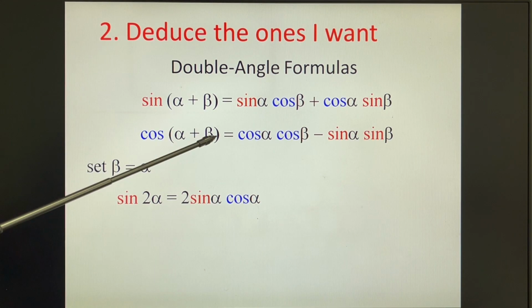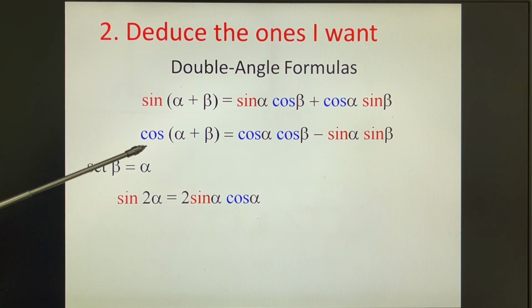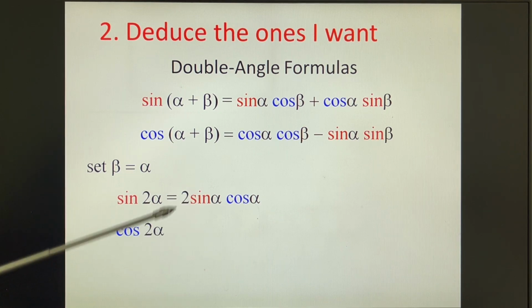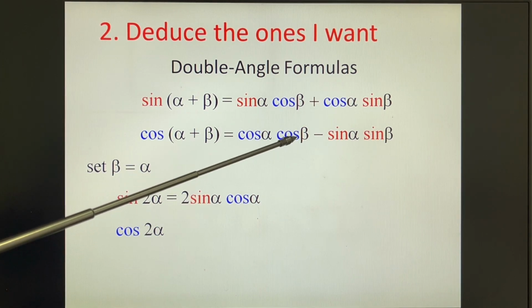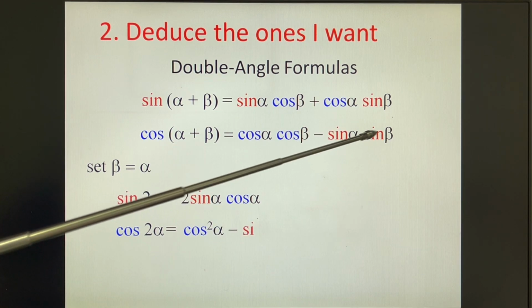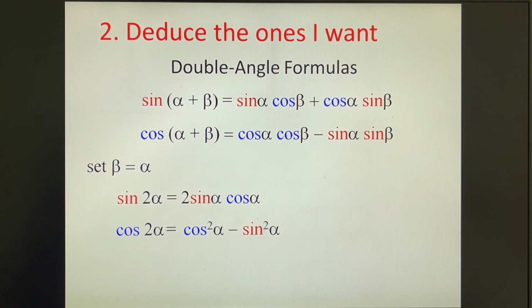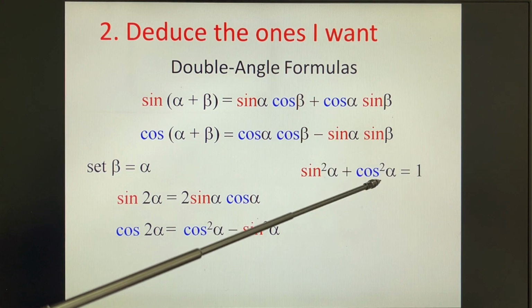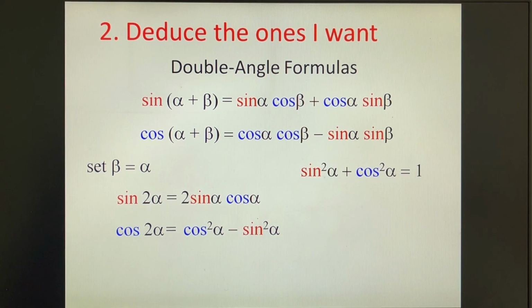Cosine of alpha plus beta, we set beta equal to alpha, you get cosine of alpha plus alpha. Cosine 2 alpha equals cosine alpha cosine alpha minus sine alpha sine alpha, cosine squared alpha minus sine squared alpha. As we know, sine squared alpha plus cosine squared alpha equals 1. It's an identity.